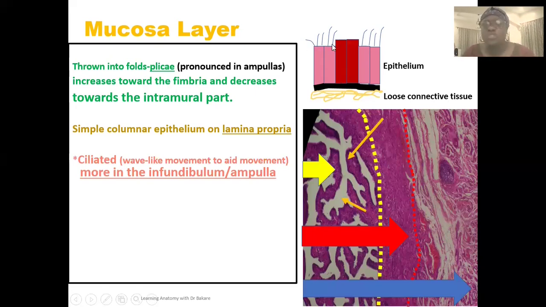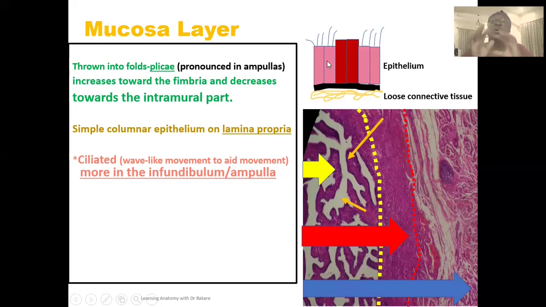If you go up onto the free surface here, you see ciliary projections on the apical surface to facilitate wave-like movements. These cilia wave forward and backward, and as they do this, they help to move the substances located within the lumen of the uterine tube along that course. So they contribute to movement, and this is why you see this projection here on the free surface.